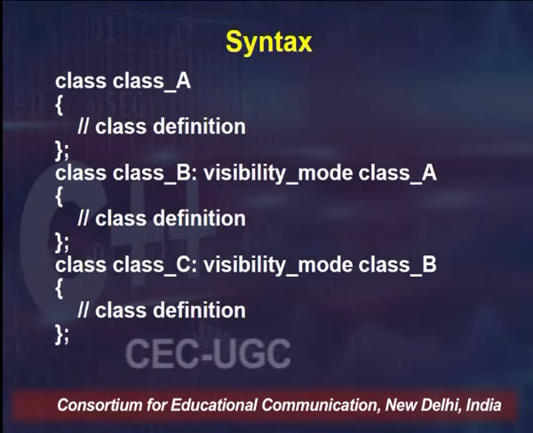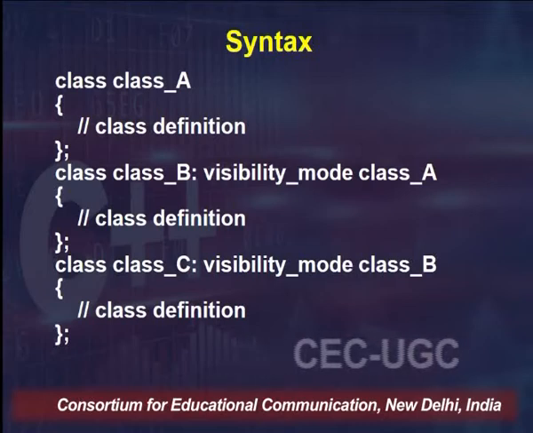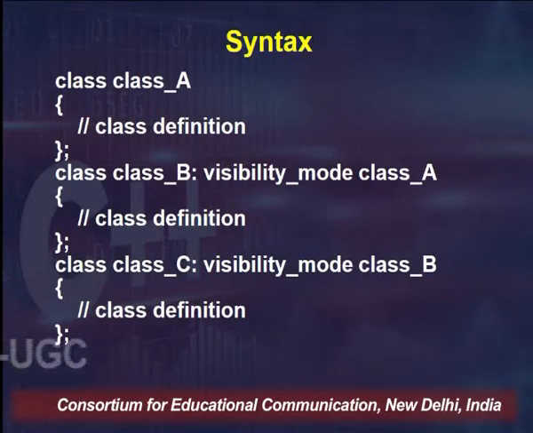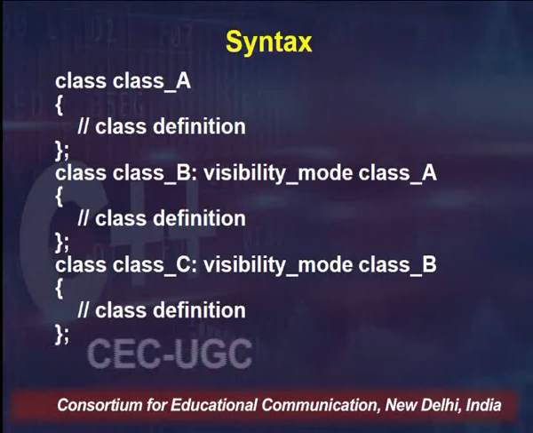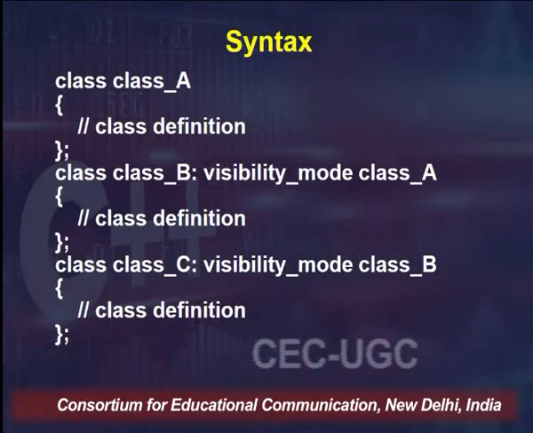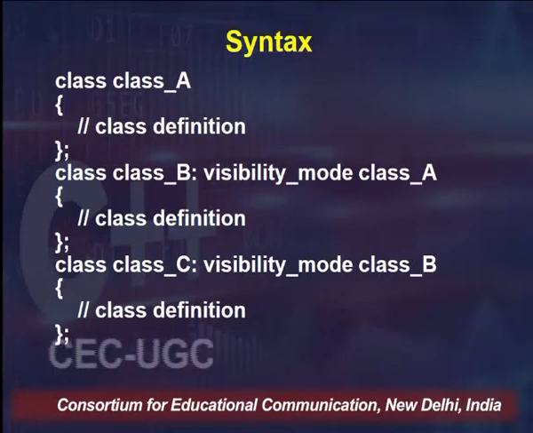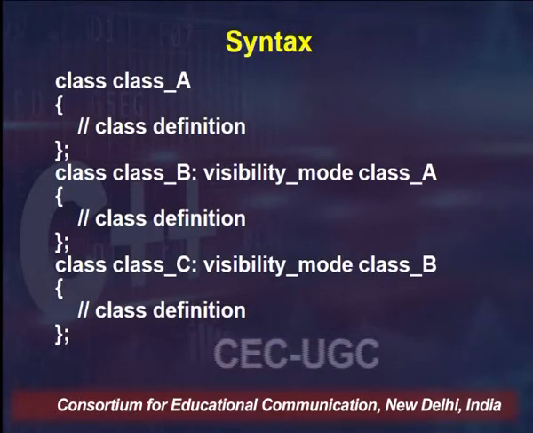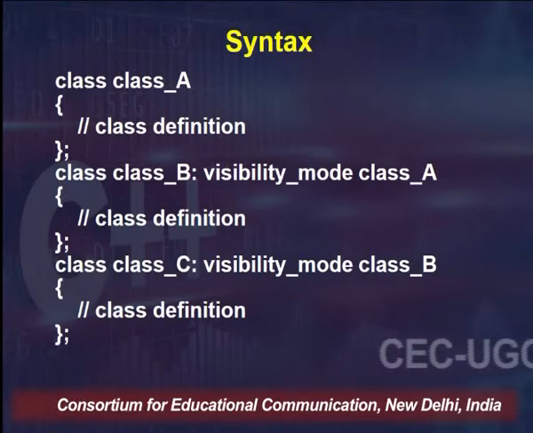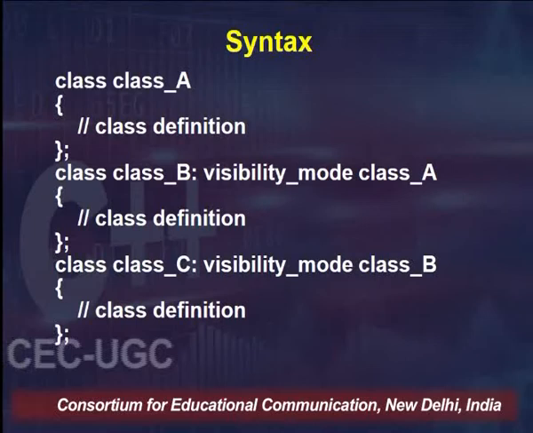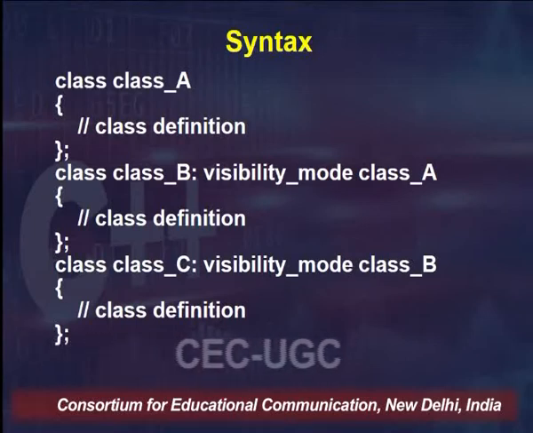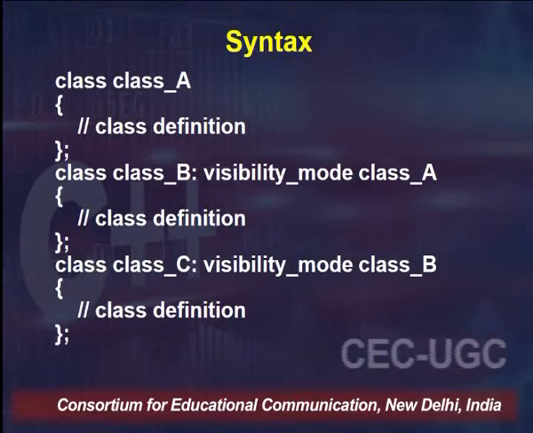Now after this definition, B is having some members, some of its own and some taken from class A. And now class C is declared as class C colon visibility mode class B, public, private or protected, followed by its class definition. So class A inherited by class B inherited by class C. That will be the general syntax.